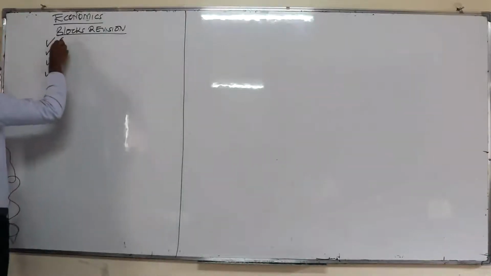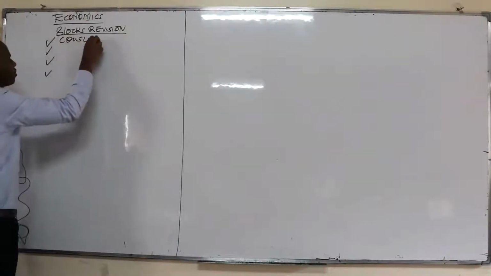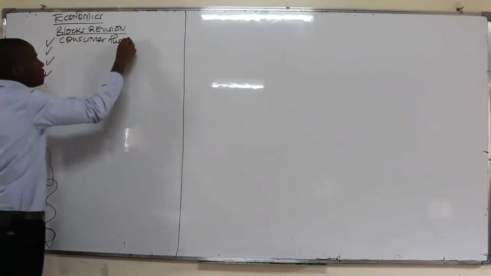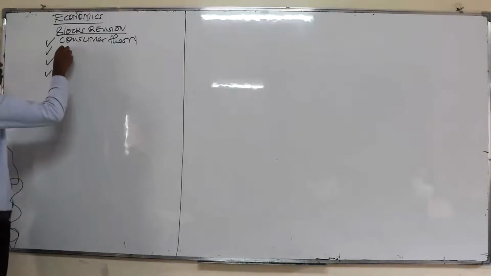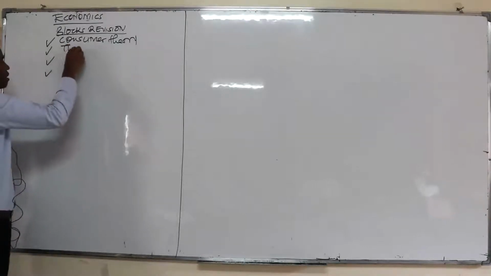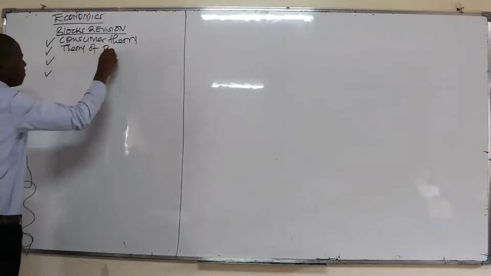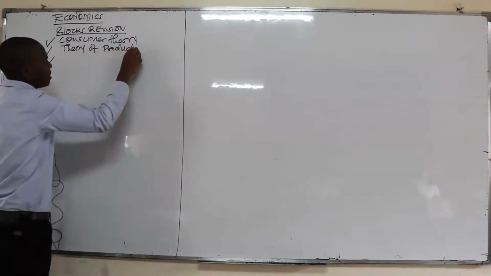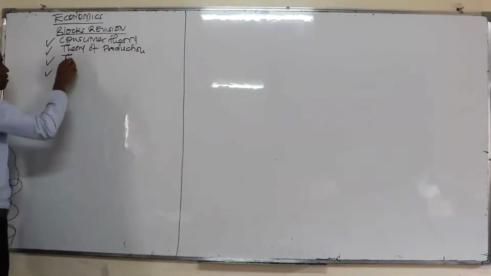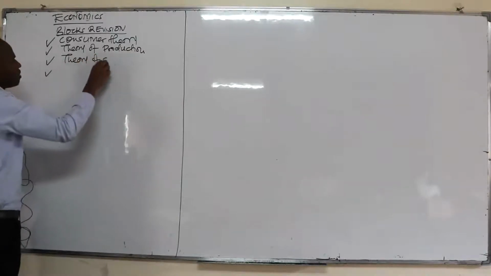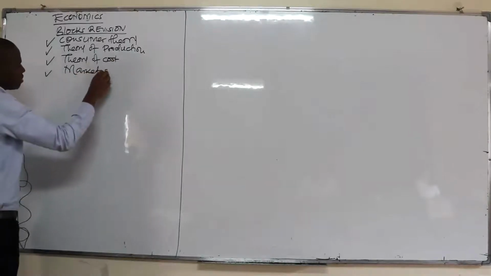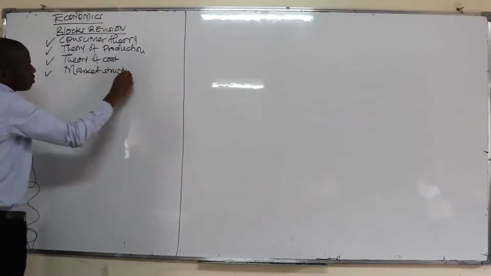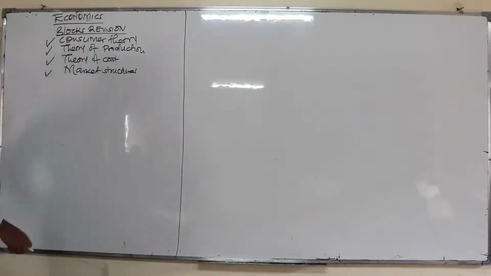We talk about the consumer theory, which is also what we call the theory of consumer behavior. Then we have the theory of production, theory of cost, and then the market structures, so that we may finalize on the macroeconomics.